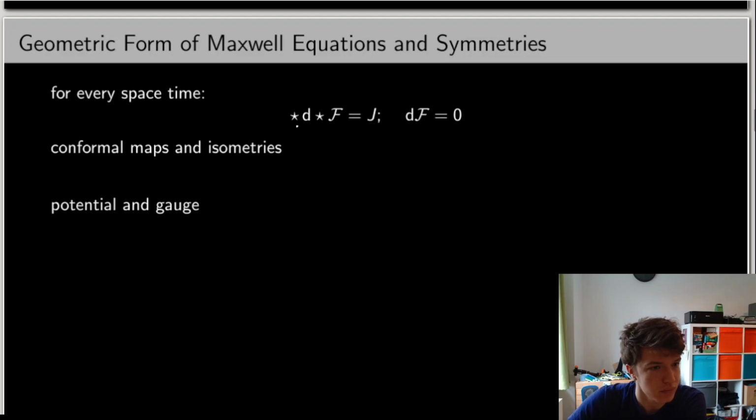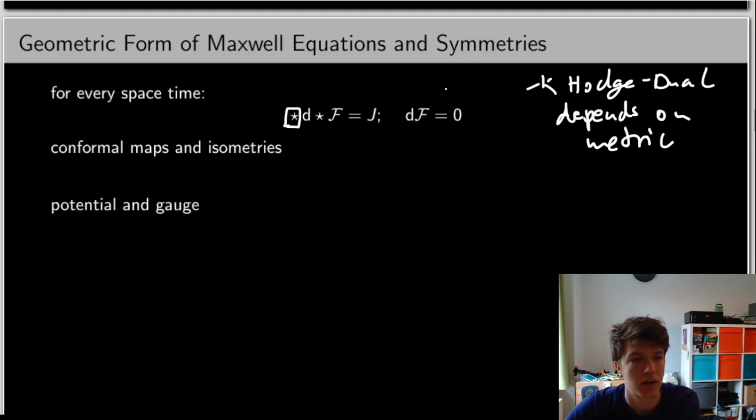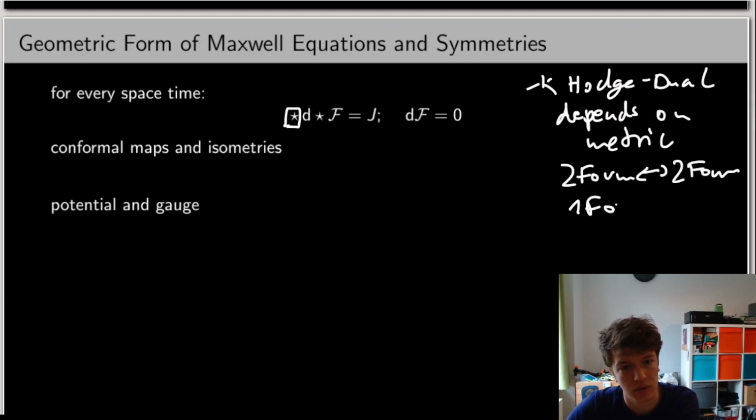And therefore we have this Hodge star, which is the Hodge dual. And it depends on the metric. It turns a two form into a two form, and one forms into three forms, and vice versa.